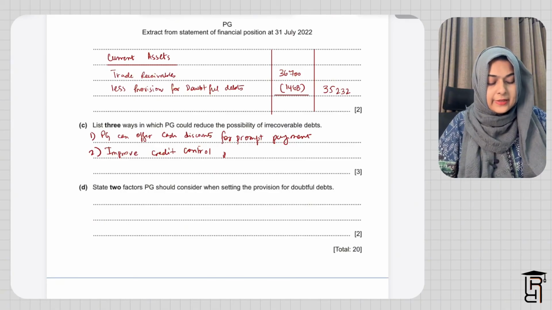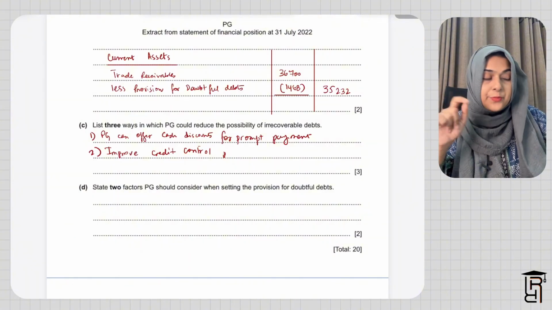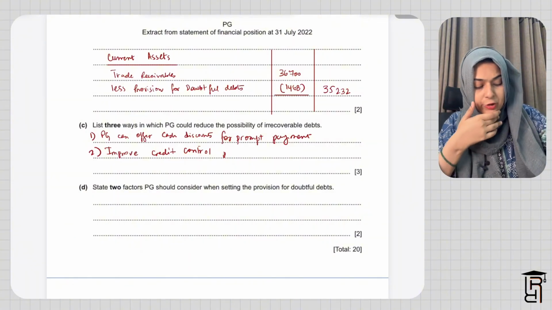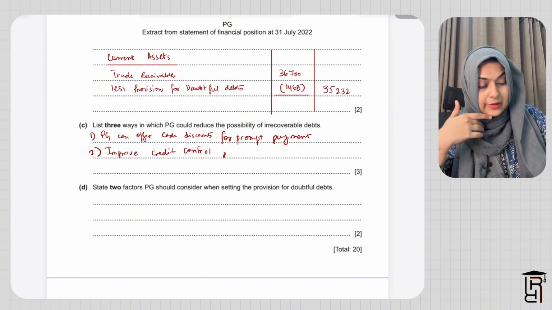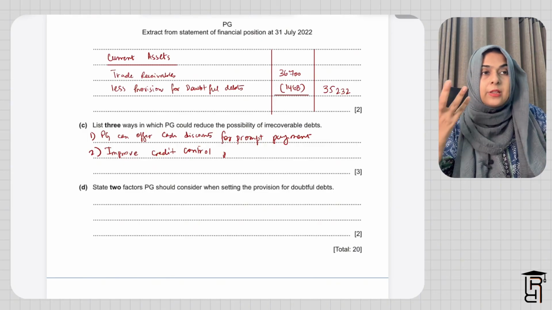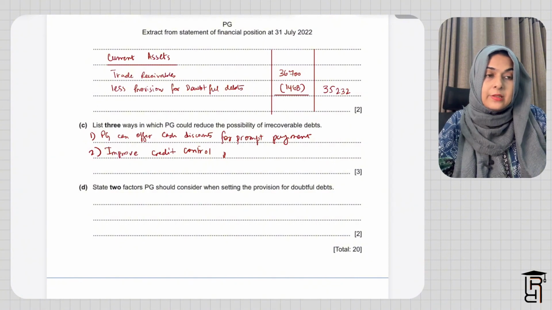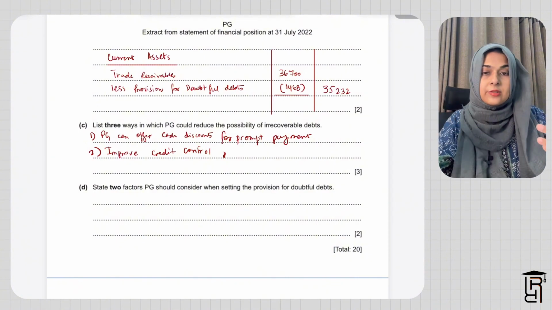Then in the last part, they're saying state two factors PG should consider when setting the provision for doubtful debts. So whenever they're thinking of the percentage of provision, what should they think of? Number one should be the age of trade receivables. So how old is the trade receivable?